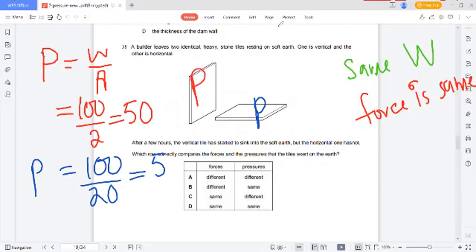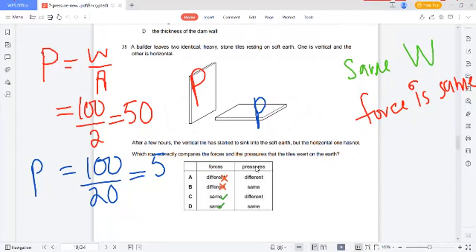So let's look at the options. Which row correctly compares the forces and pressure that the tile exerts on earth? Forces: the weight of both tiles is the same, so both will have the same force. So we are going to consider the same option, same force, same force, and this option is incorrect.